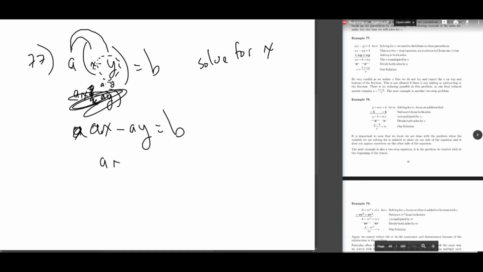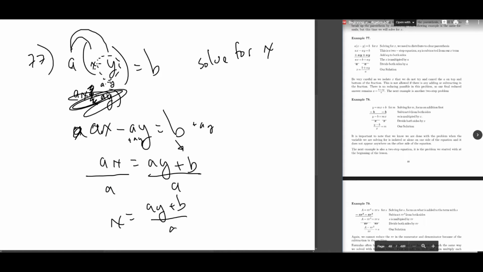So I'll do ax equals ay, because I did plus ay here, plus ay there, plus this b right here. Okay, and then I'm going to divide both sides by a. And I will get x equals ay plus b over a. Is that the answer? Yes, it is. All right, that's good.